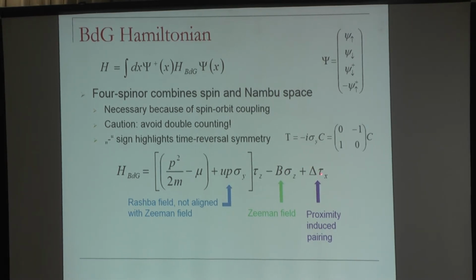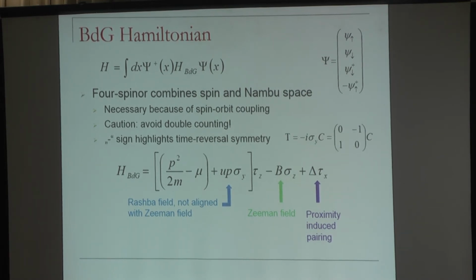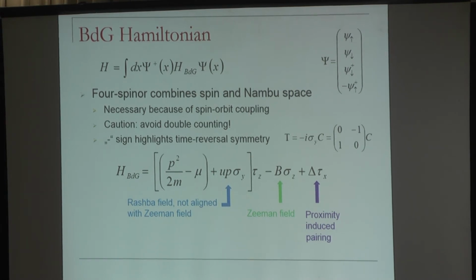There is a trivial structure here. It's just delta, no space derivatives or whatever. It acts in tau x because once we write down psi dagger psi, it gives you precisely psi dagger up, psi dagger down, or psi up, psi down. So it pairs two particles together. That's precisely what we need. Okay, so these are the ingredients.